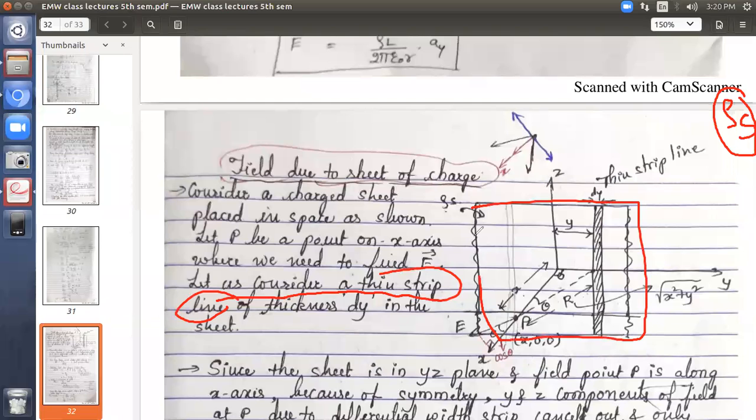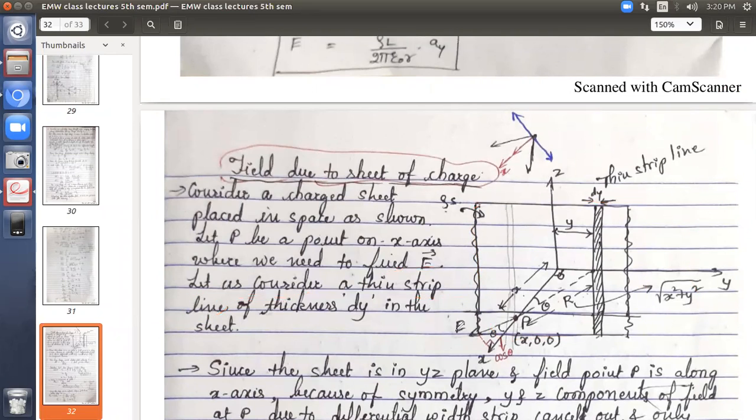We should have taken the sheet and a small part of it, applying integration. We should have done all those things. But as this complete sheet has many strips like this, many strips all together will become a sheet. Many lines together will become a sheet.